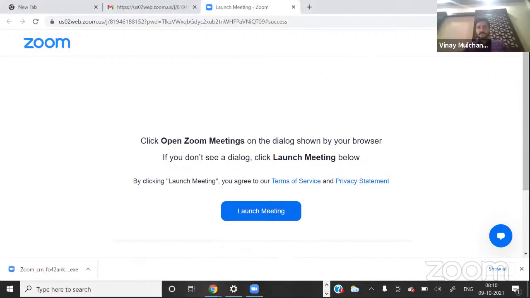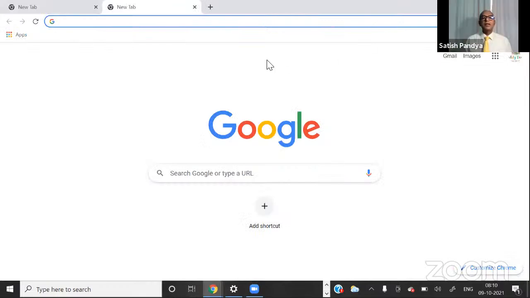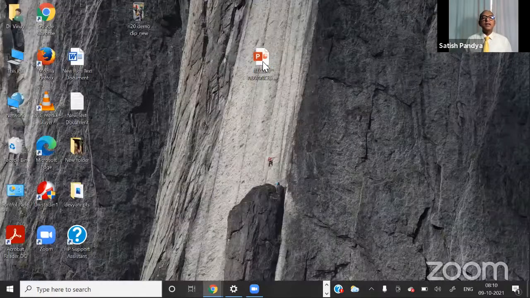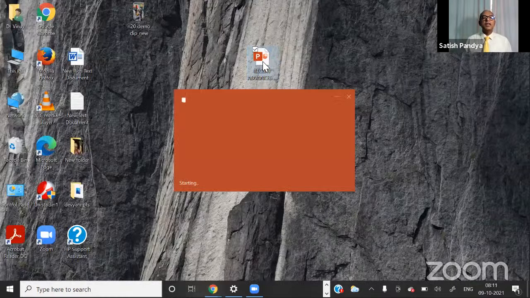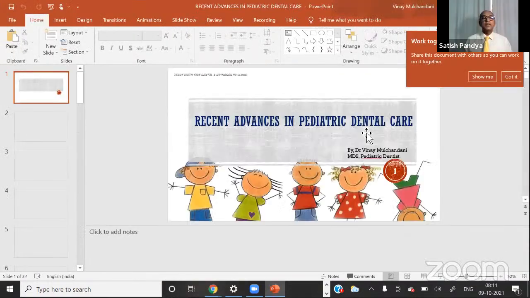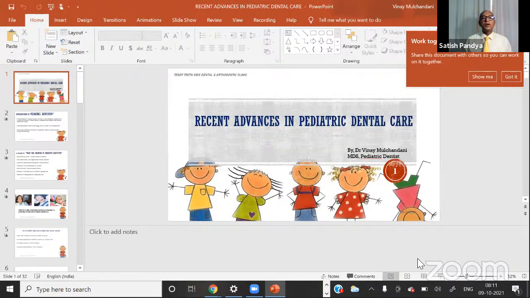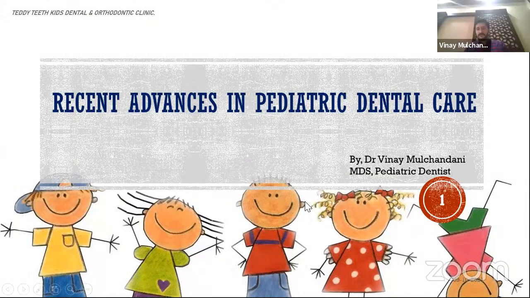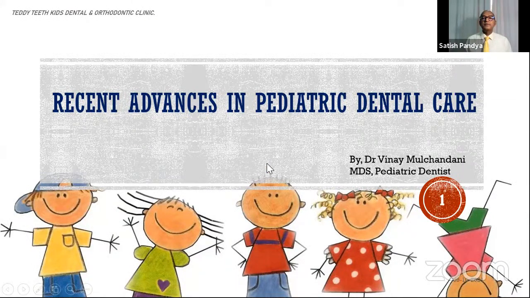You can minimize that and look at other tabs here. Yes, now we are able to see your main screen. Yes, put it on slideshow. So it's done on the slideshow now. Shall I start, sir? Yes, please. Sorry for the interruption.